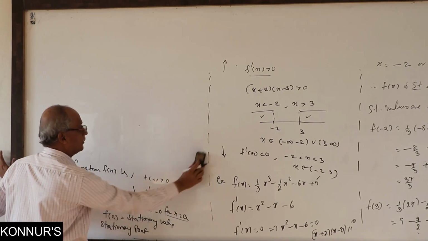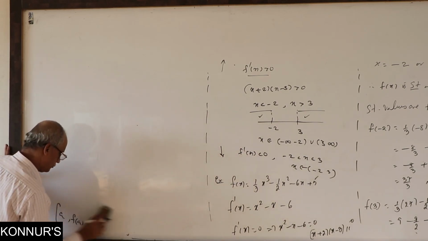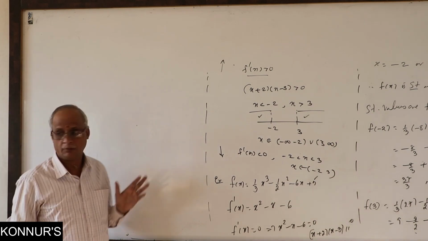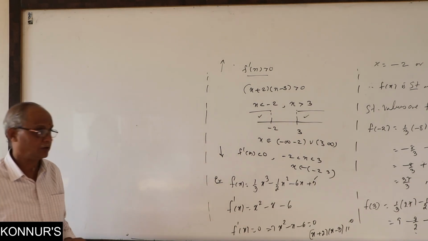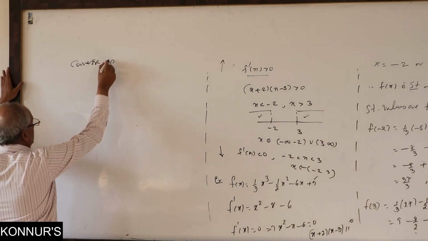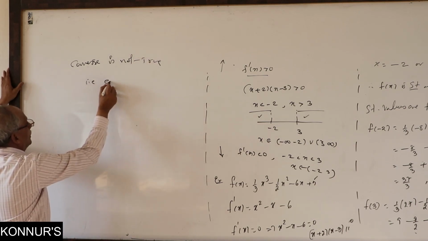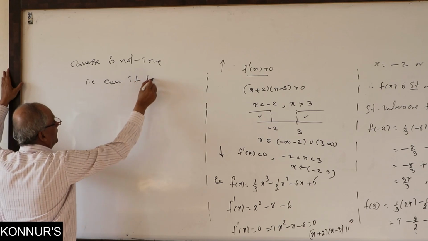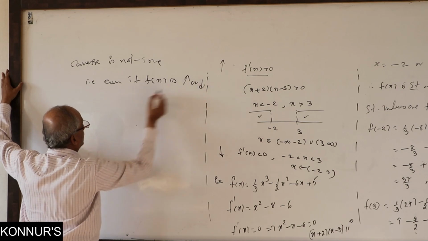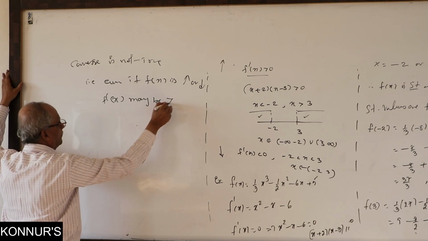Okay. But the converse is not true. What is the meaning of converse? Even if f dash x is 0, the function can be increasing. That is, even if f x is increasing or decreasing, f dash x may be 0.